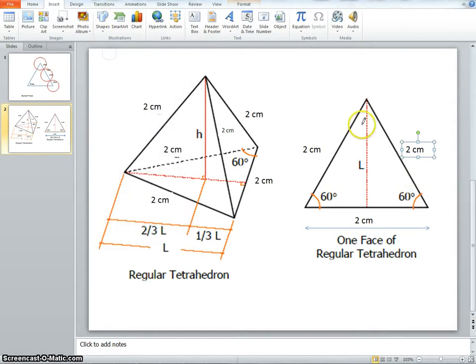Remember, we're looking at just this half of the triangle, because we're trying to find L. One of your trigonometric laws relates the angle to the opposite and hypotenuse. I'll let you figure out which is sine, cos, or tan. One of them tells you how to find the opposite side when you have the hypotenuse and an angle. So using that law, you can find what this L line is.